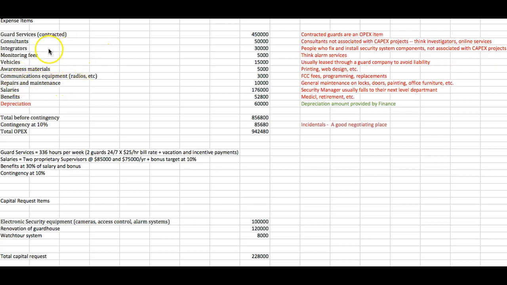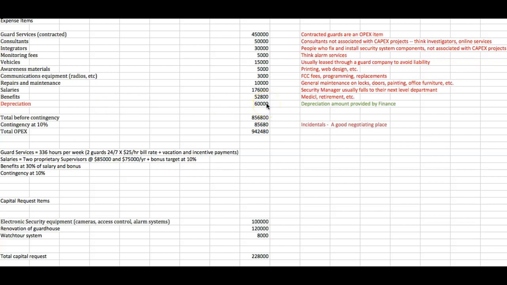Where you have the repairs and maintenance and the integrators, right? You've got a card reader and a camera system in your facility. You bought all those, and you bought them over time, right? They're depreciating. In this case, for the $60,000, I may have paid $420,000, and I'm depreciating even straight line depreciation over 7 years. So I'm putting $60,000 in to pay back that money.